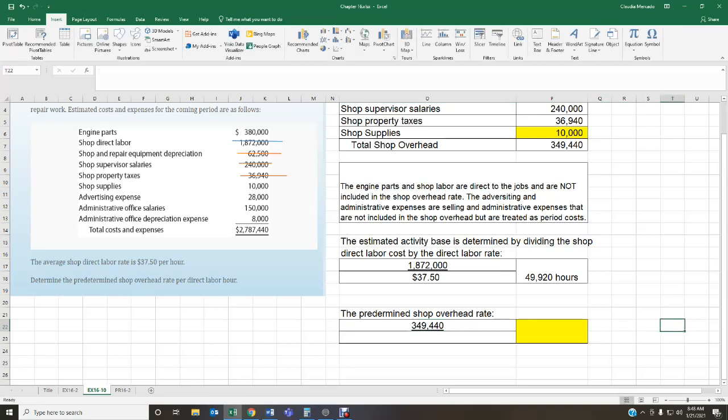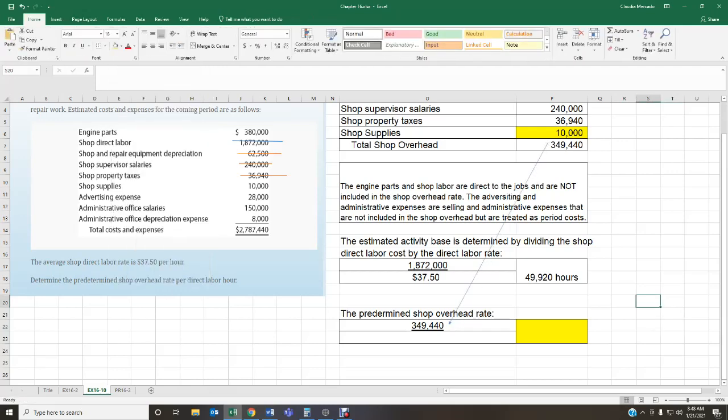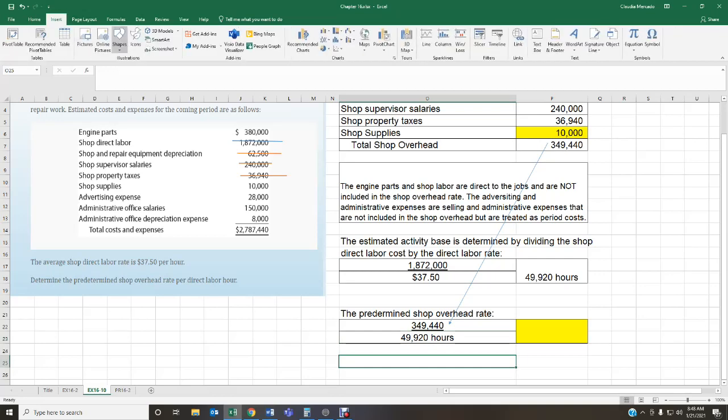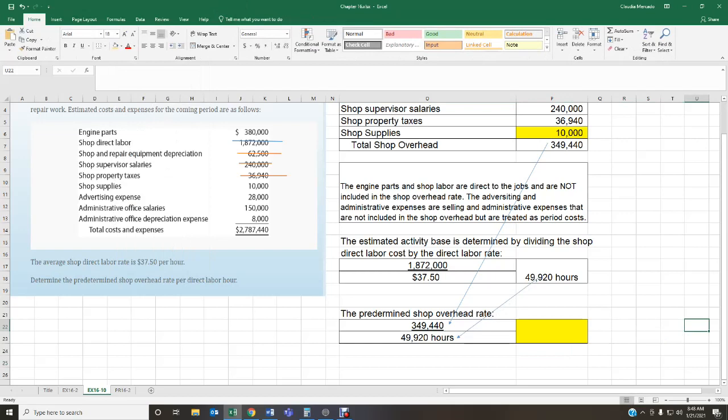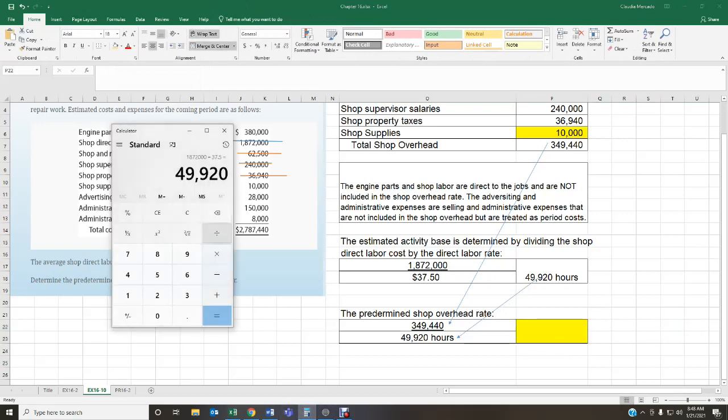So this is coming from over here. We are going to divide that by the number of hours that we invested during the period, 49,920 hours, which is coming from over here.